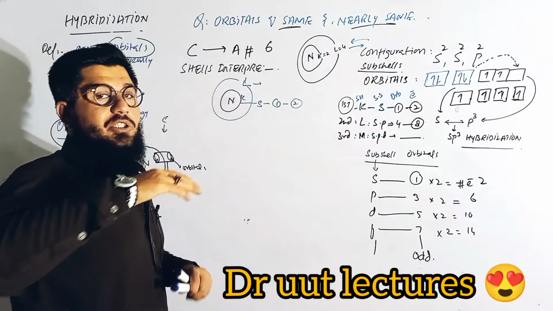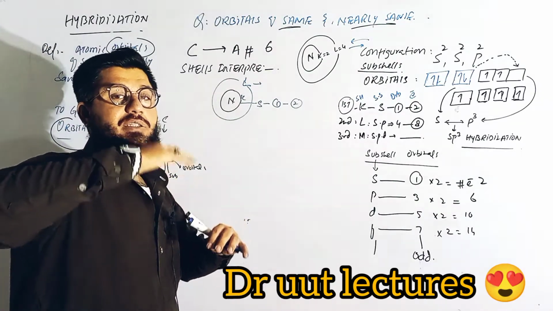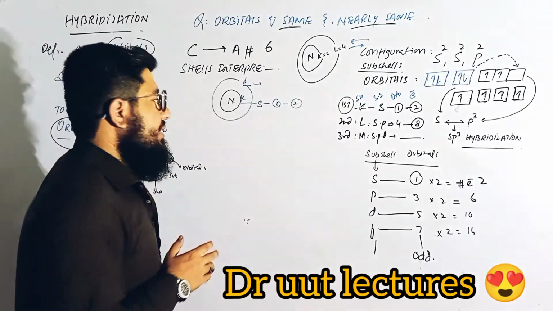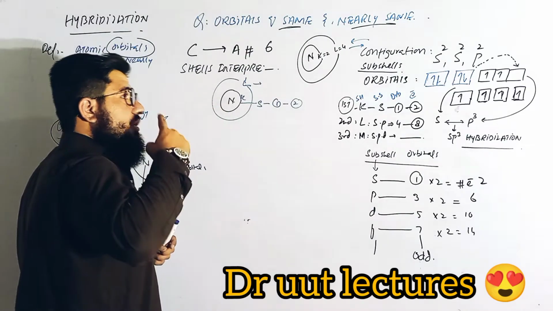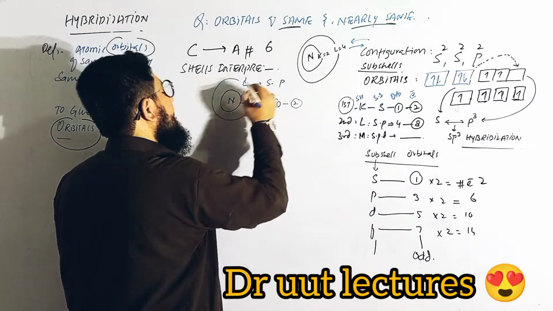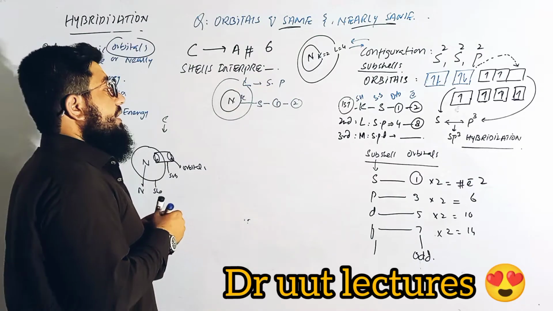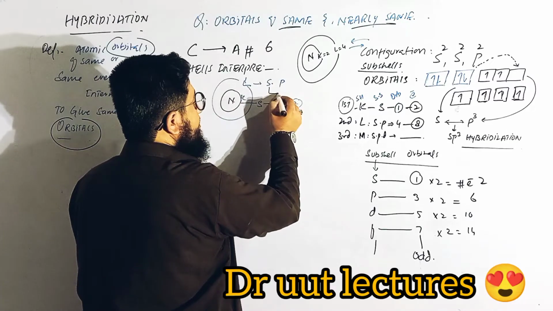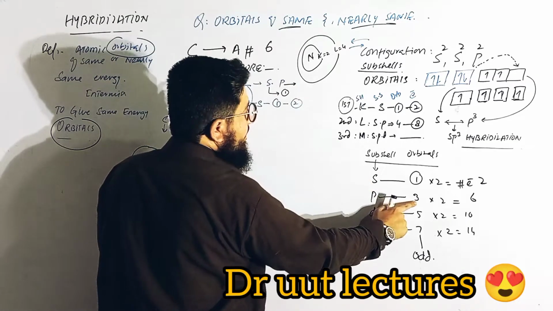So the number of subshells is directly proportional: when the number of shells increases, likewise the number of subshells increases. We are talking about the second shell, which is the L shell. The number of the shell is 2, so the number of subshells must be 2, that is S and P. The second subshell will be P. So here we got 2 subshells, and in the first subshell we will have 1 orbital, in the second subshell we will have 3 orbitals.